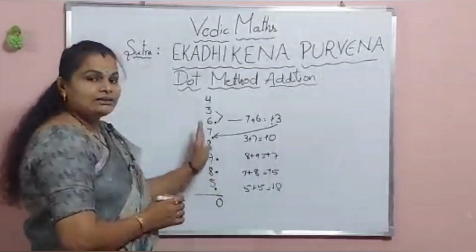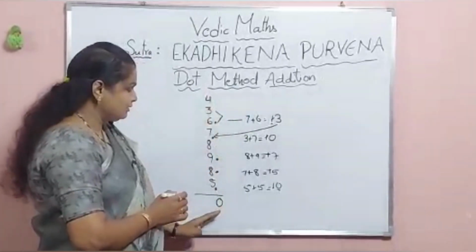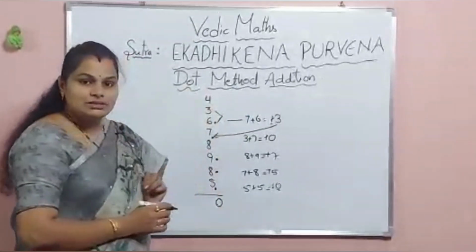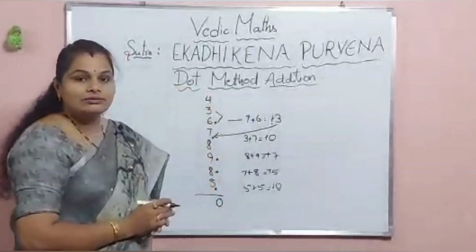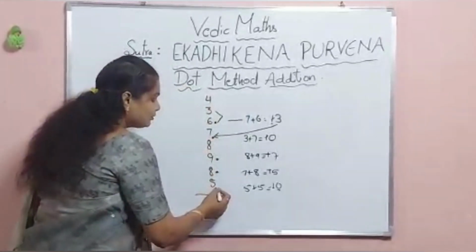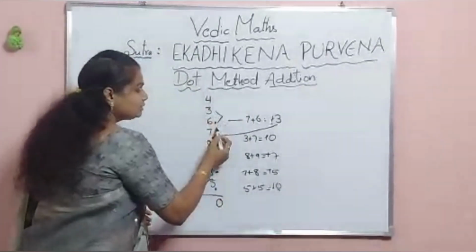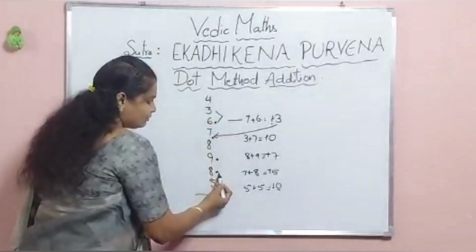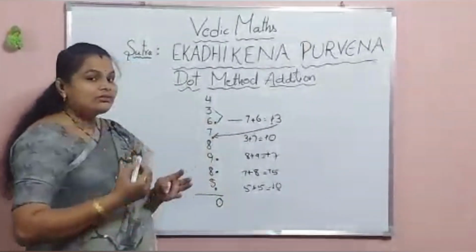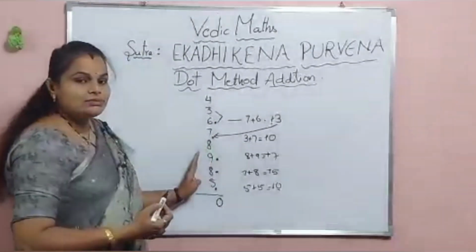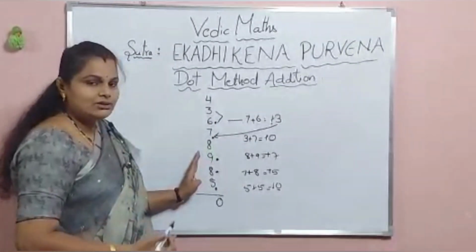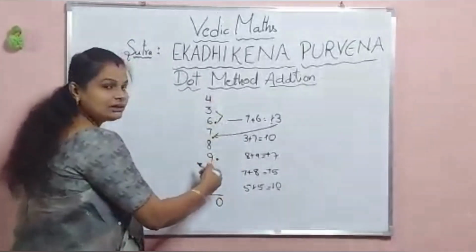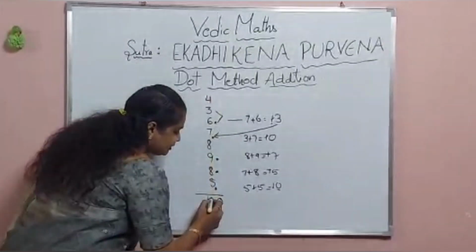The ones place is done, and there is no other number in the tens place because it's a single set of numbers. So I have to count the dots: 1, 2, 3, 4, 5. Total 5 dots, and since there are no more numbers in the tens place, I directly count these 5 dots and write it here.